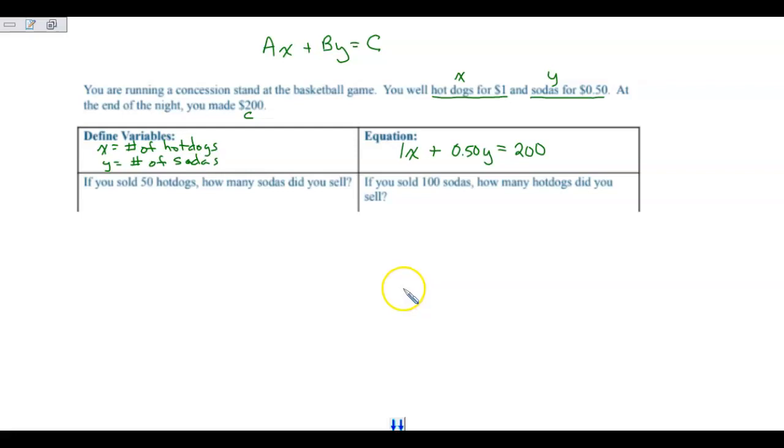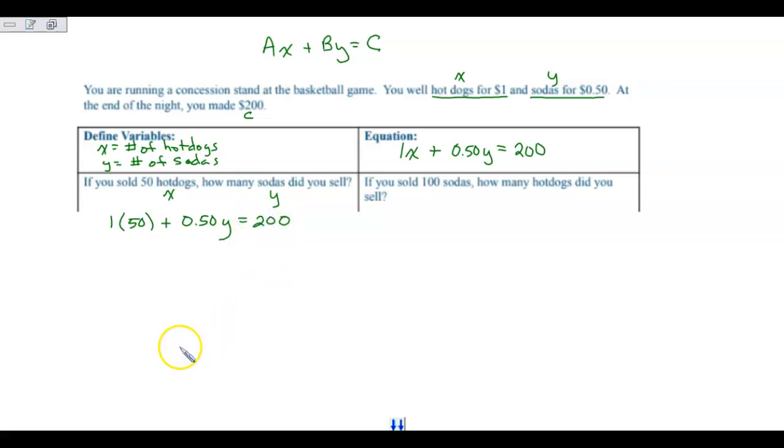Now, if you sold 50 hot dogs, how many sodas did you sell? So we said that hot dogs are X. So if there's 50 hot dogs, they want to know how many sodas did we sell. So we're looking for our Y. So if we replace X with 50, and then we add in our 50 cents per soda, and we know that the total I made that day was $200.